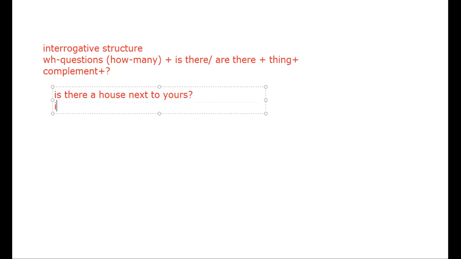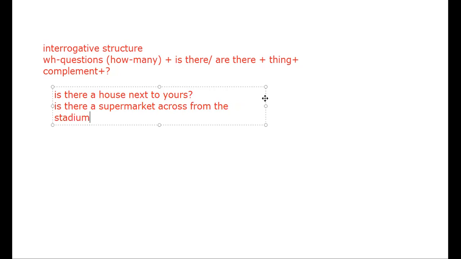Okay, another example. Is there a supermarket across from the stadium? Aquí solo estamos diciendo hay una casa a la par de la tuya o hay un supermercado cruzando el estadio.